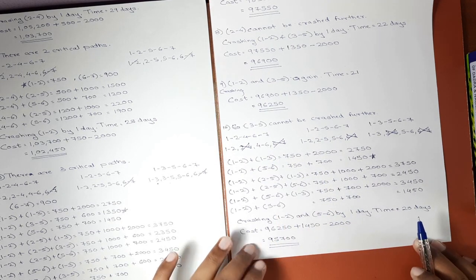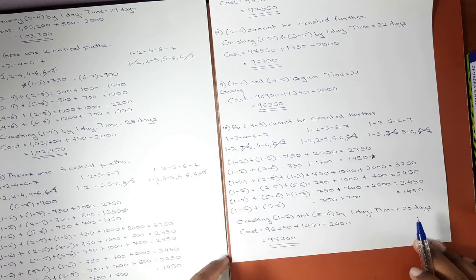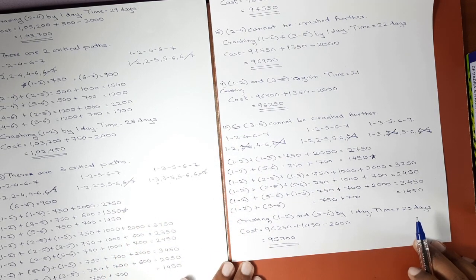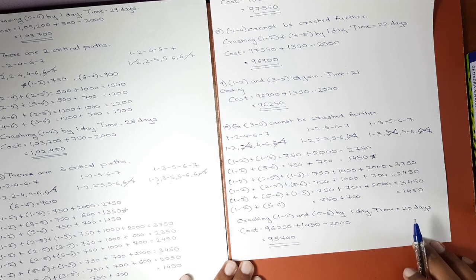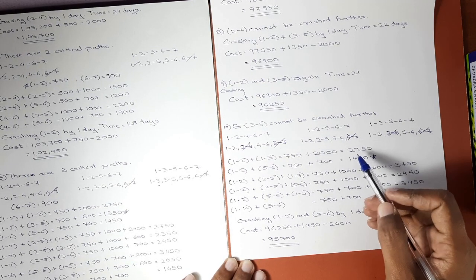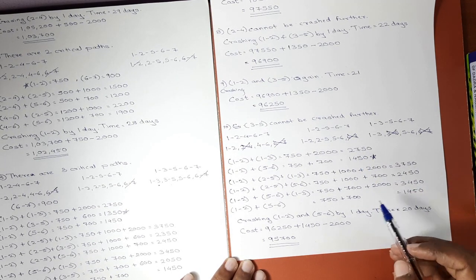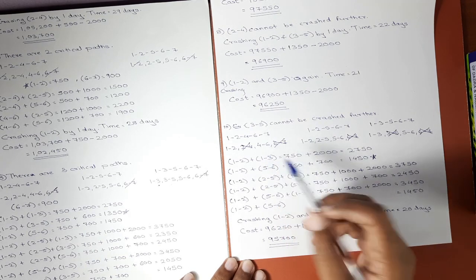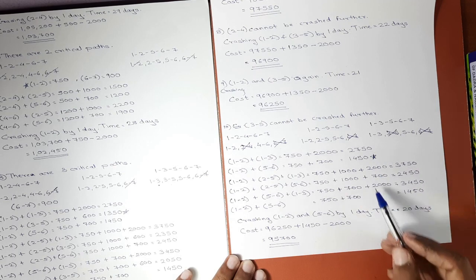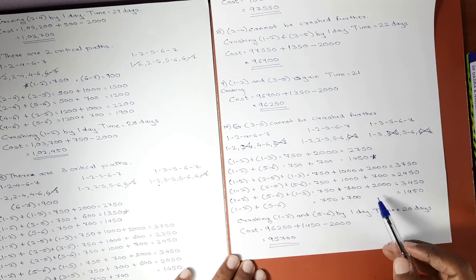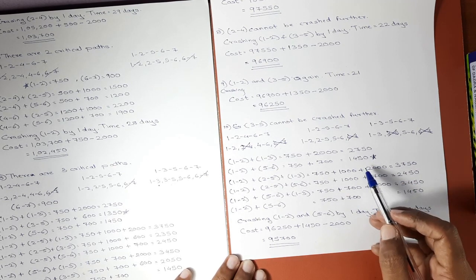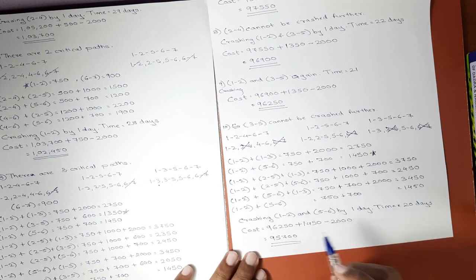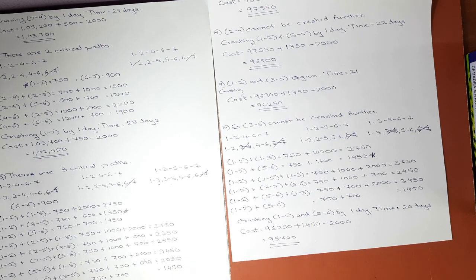So obviously if we make the combinations of 4 6, the combined cost slope of that combination will always be greater than this combination. So logically there is no need to make combinations of 4 6. That's why we took the minimum combined cost slope of this combination, which is 1450, and we crashed it by 1 day. Activity 1 2 and 5 6 was crashed by 1 day.